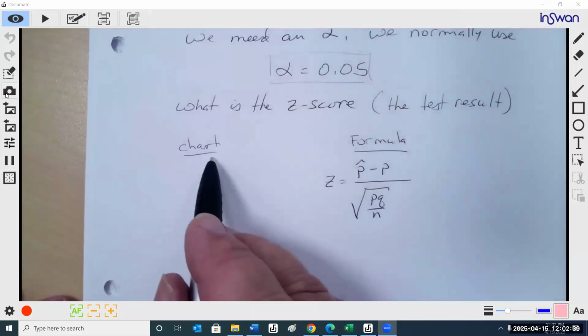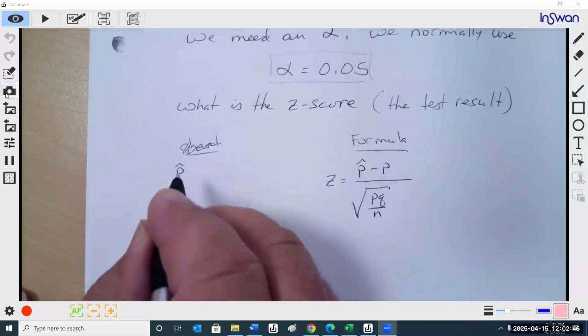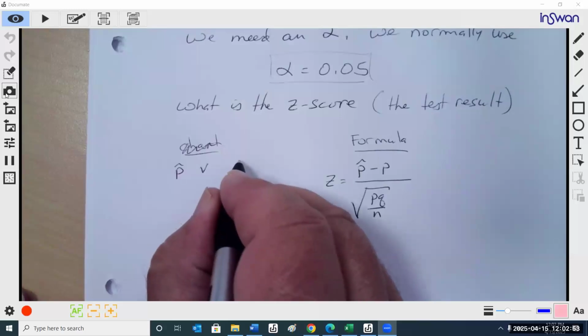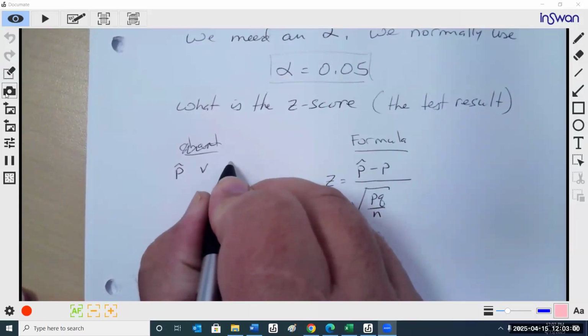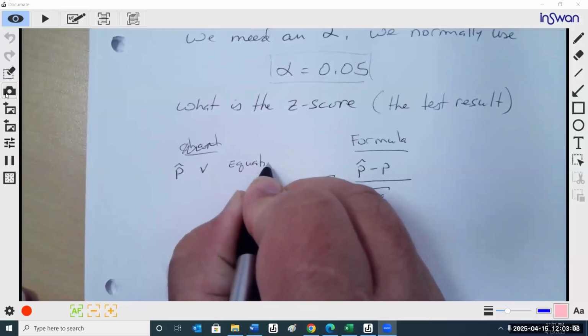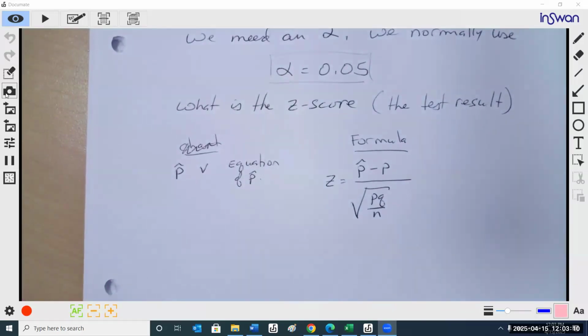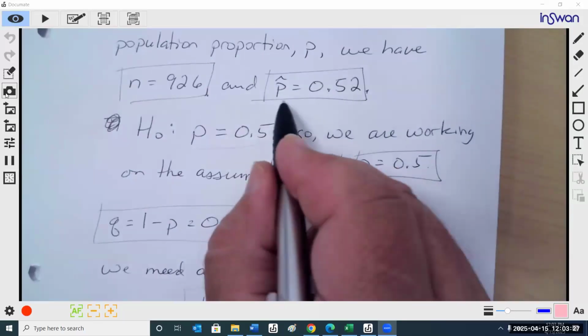Here we don't need the chart for this one just yet. What we can use is p hat, or we can use the value of n times p over n.